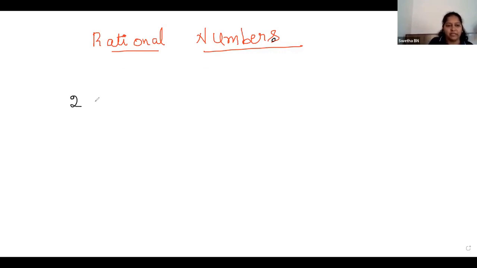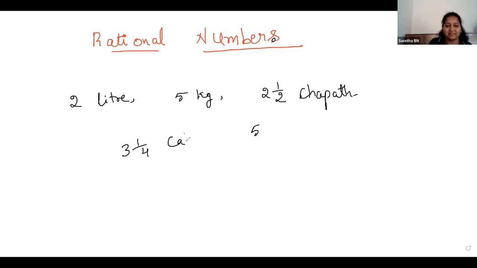For example, you will get 2 liters of milk or 5 kgs of sugar, or you will ask your mother to give 2.5 chapati, or you will say I ate 3 1/4 pieces of cake, or I ate 1.5 pieces of cake, like that. And 5.6 meters of cloth.